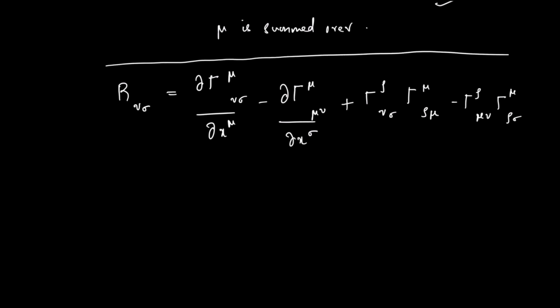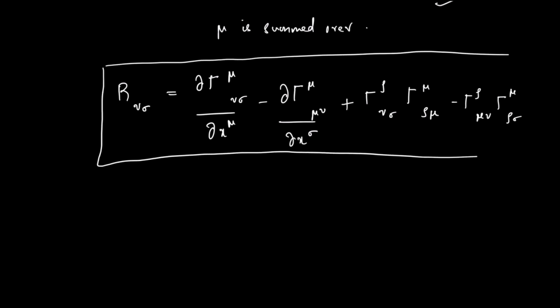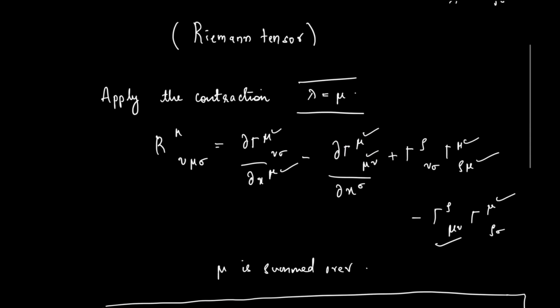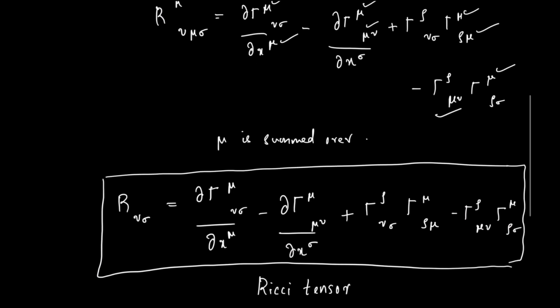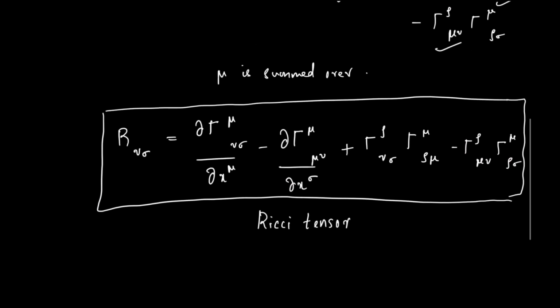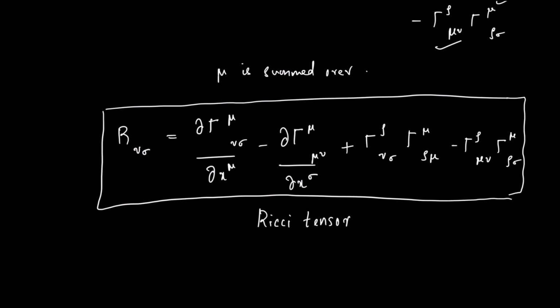So this is called the Ricci tensor. From the Riemannian curvature tensor, we can construct a tensor of rank 2, called the Ricci tensor, by an operation called contraction.